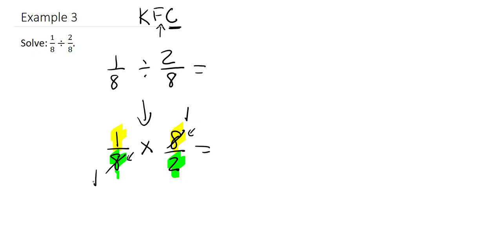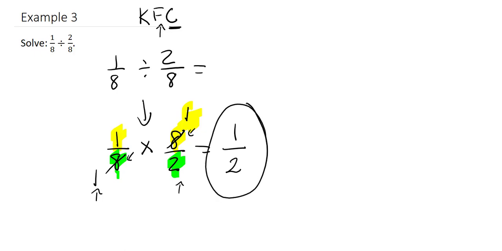This makes it a lot easier to solve, and we don't have to reduce later. So we can't reduce any further or cross out any other common factors. So we can just go 1 times this new 1, which is equal to 1. Now we have this 1 times 2, which is 2. So we have 1/2 as our final answer. So the solution to this problem of 1/8 divided by 2/8 is equal to 1/2.